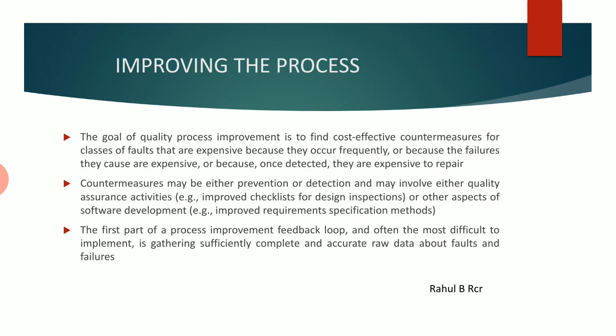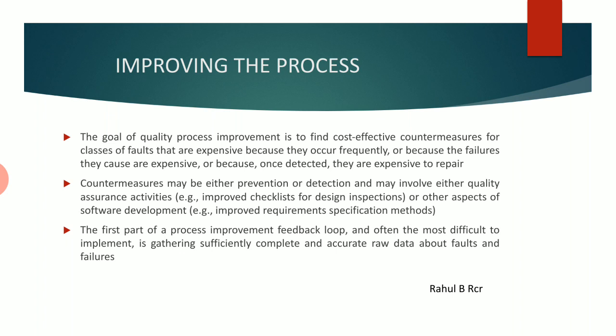Improving the process. The main goal of quality process improvement is to find cost-effective countermeasures for the classes of faults that are expensive. Why? Because some failures are more expensive. Suppose there is a big hardware failure which is expensive to repair; we have to find the cause and take improvement action, otherwise the cost will be more.